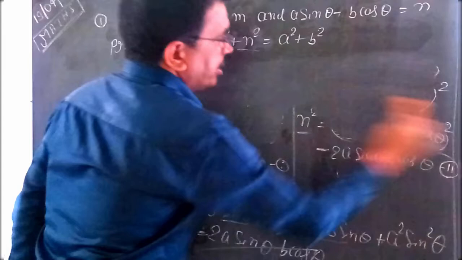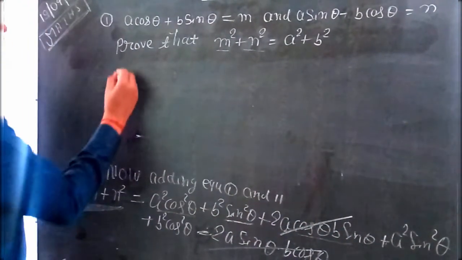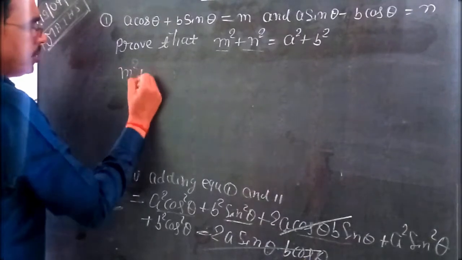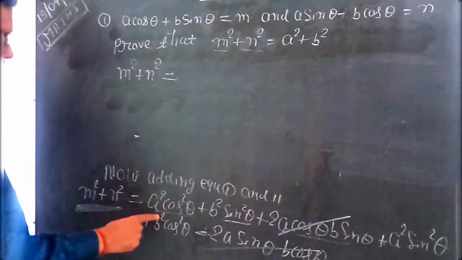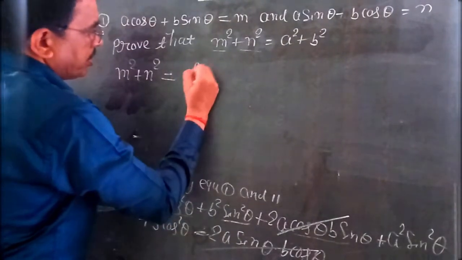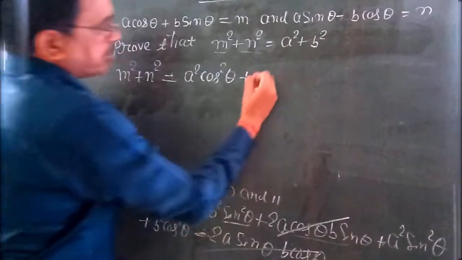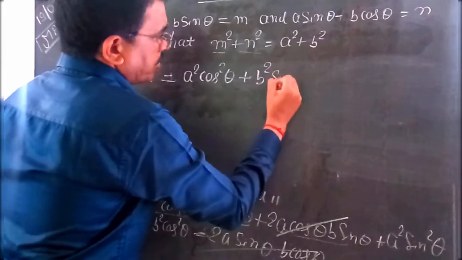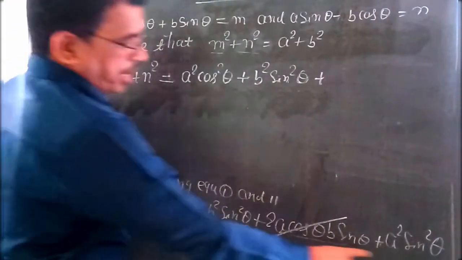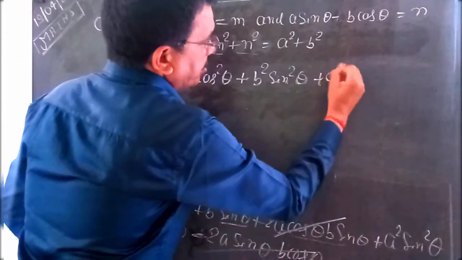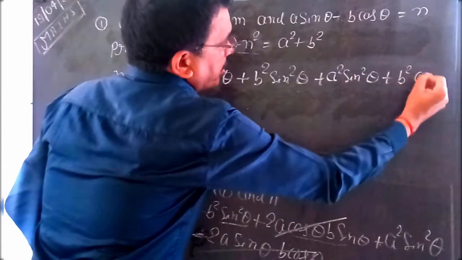So what you get now? You write here m square plus n square is equal to a square cos square theta plus b square sin square theta plus a square sin square theta plus b square cos square theta.